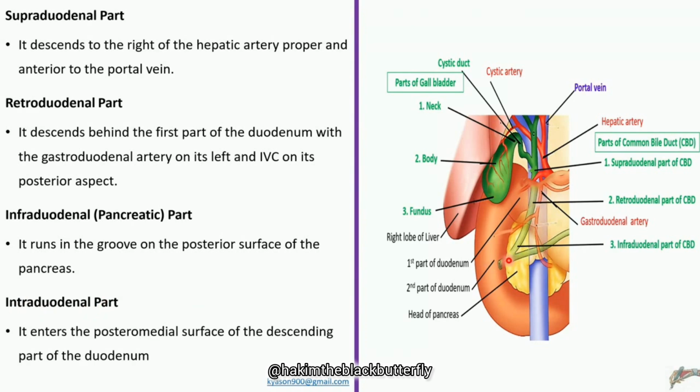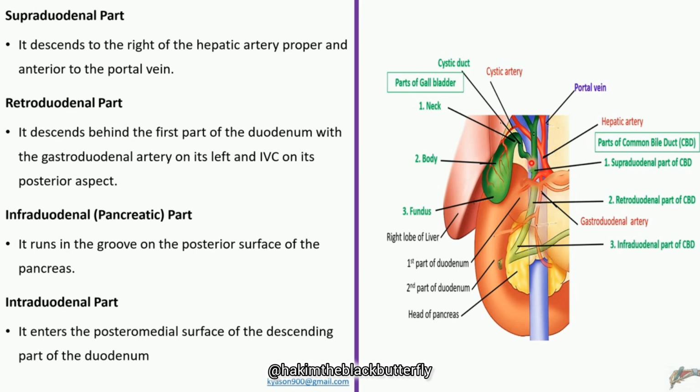So the supraduodenal is going to descend to the right of the hepatic artery proper. Of course, we know the hepatic artery proper. The supraduodenal is going to descend along its right side, and of course anterior to the portal vein. The portal vein is behind this. So we are going to have those relations up there.